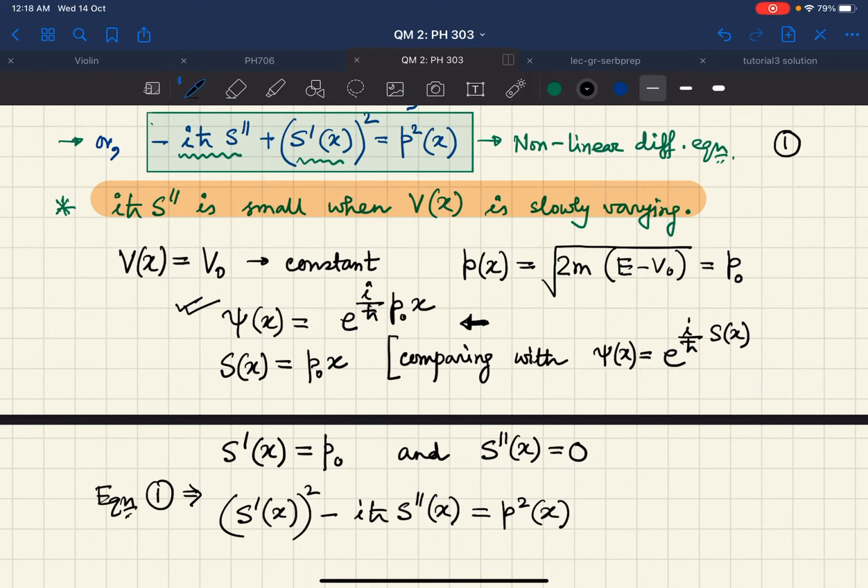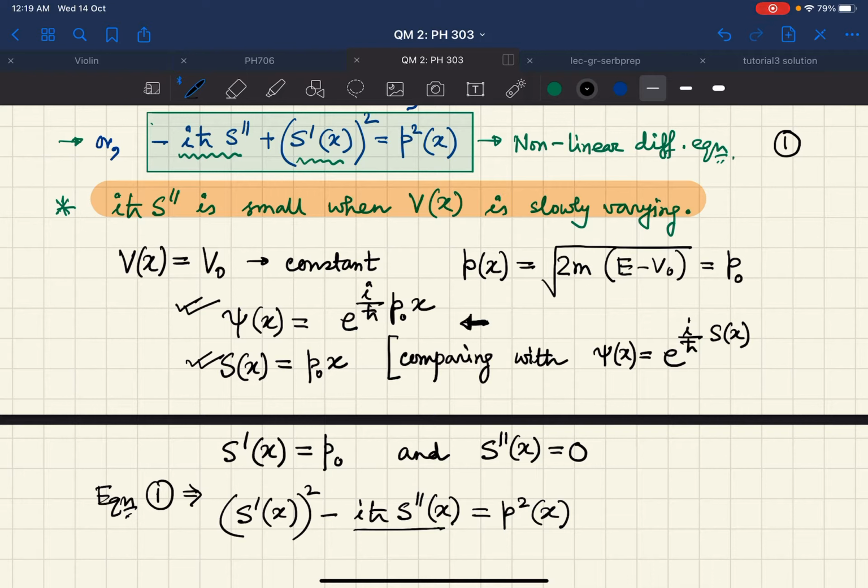This equation is trivially satisfied by the choice of S of x that we have chosen here. This is simply because we have just seen that S double prime of x is 0, so this term goes to 0, and S prime of x is p0. So p0 squared, and p we have seen is nothing but p0. Therefore p0 squared equals p0 squared. This is trivially satisfied.